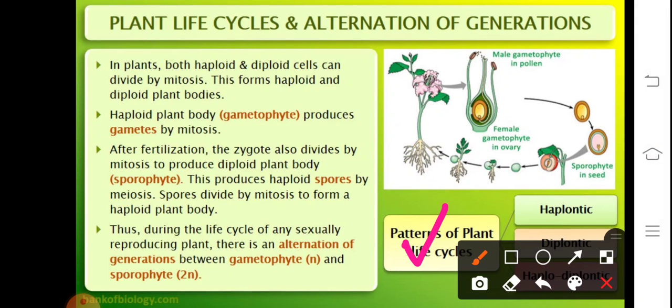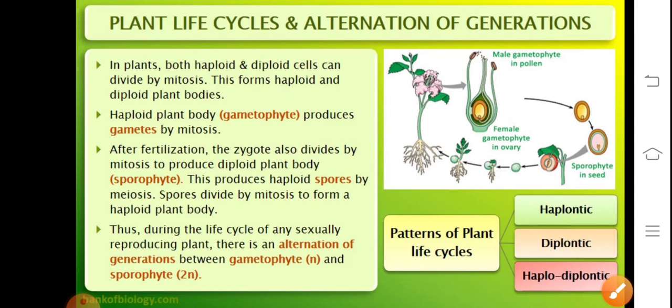This is the sporophytic plant body, which is diploid in nature, which gives rise to the male and the female gametophyte. Now the male and the female, that is either the micro or the megasporangium, which bear the microspore or megaspore mother cell, they are diploid.